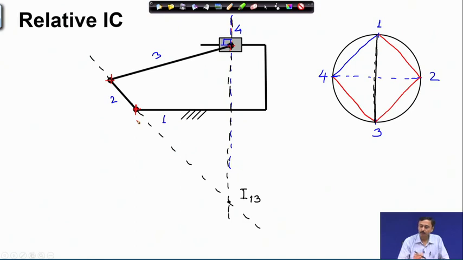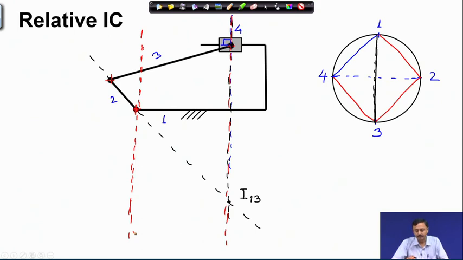So, through this ground hinge, I must draw a line to infinity. So, this line meets this dashed line at infinity. So, these two lines are parallel.